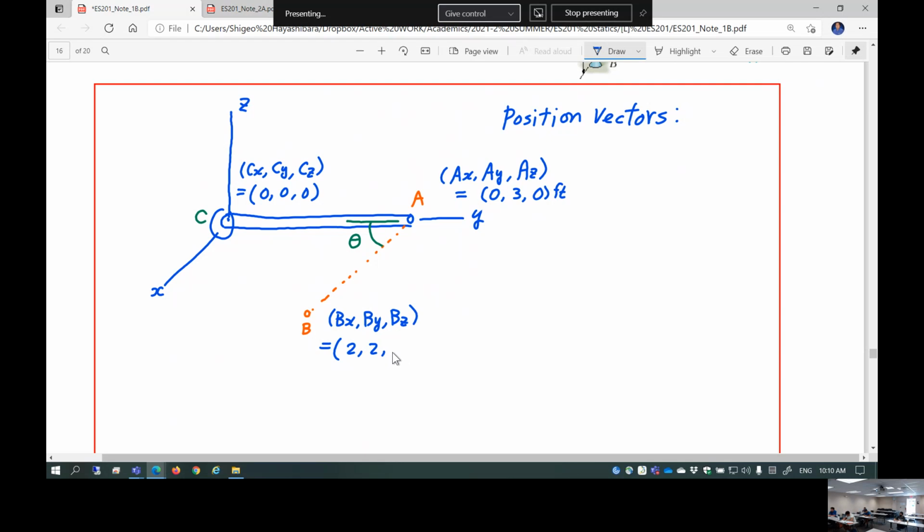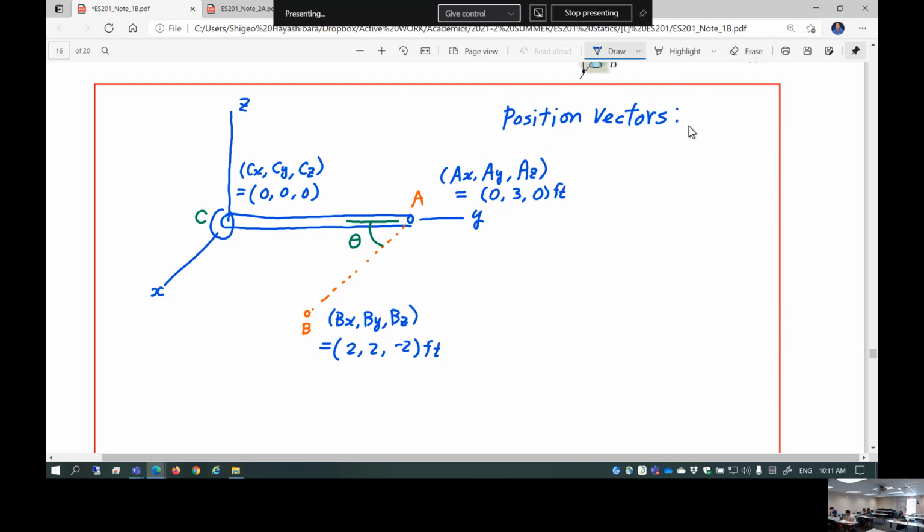Negative 2? Yes. BZ is negative 2. Do you agree? Everybody agree about that? Please double check. I want to clarify the coordinate positions to begin with because it's going to make it much easier to find the position vectors.